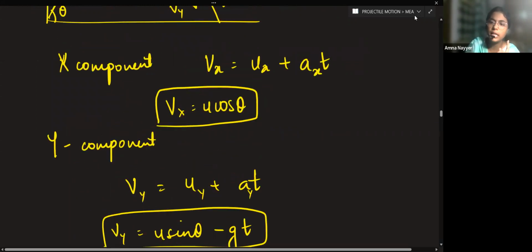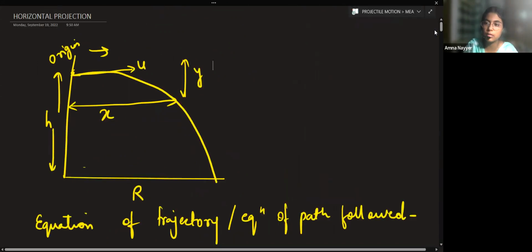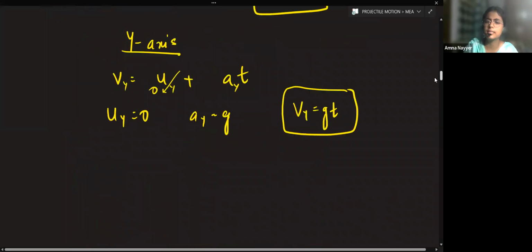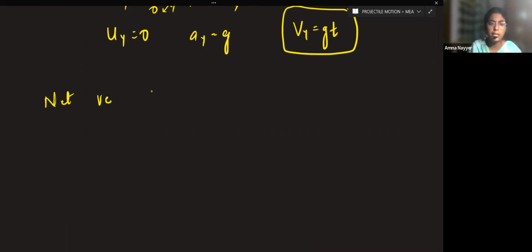And here what you're getting, I'll suggest you whenever you study, do at the end make a comparison of both of these. And here you are getting what? Same thing, gt, because u sine theta does not exist. Only gt you are getting. Now net velocity, if you are asked, that is velocity along x-axis separately, velocity along y-axis separately.